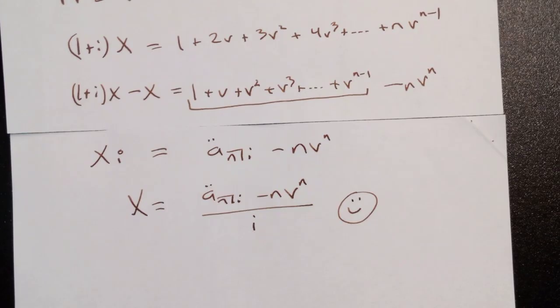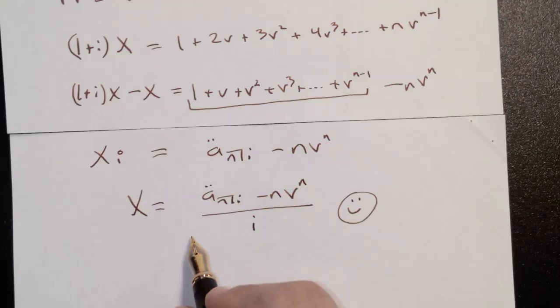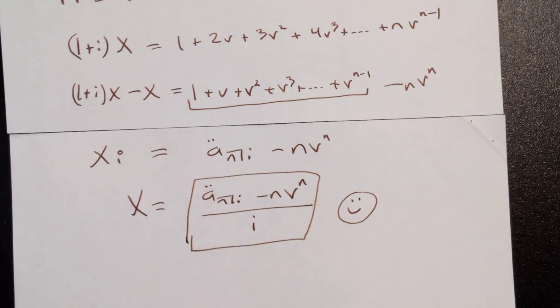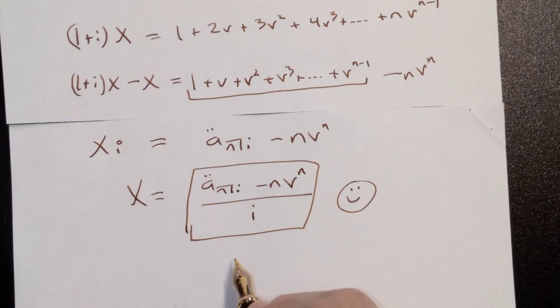Now, this is for the present value of an annuity whose payments go up arithmetically. We use this so much that this gets its own symbol. We're going to call it an increasing annuity, present value, (Ia) n, i.